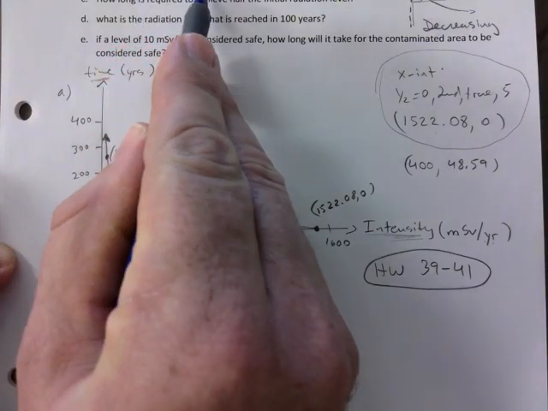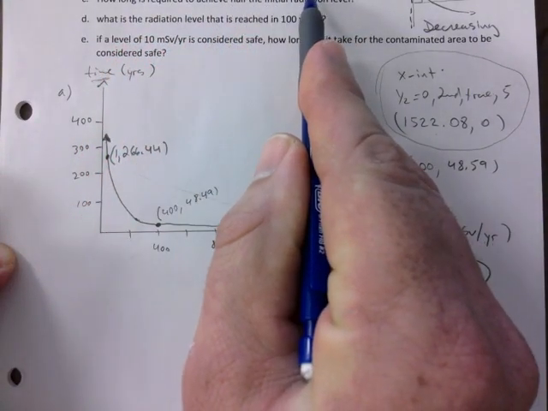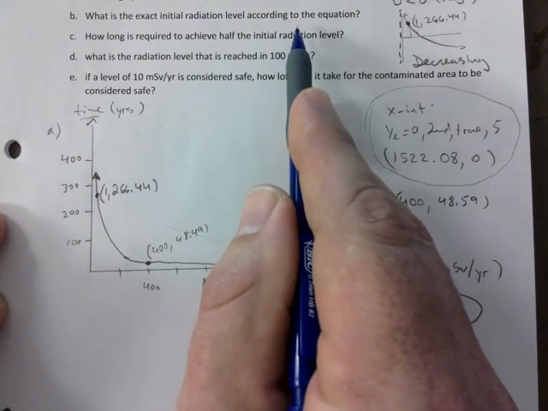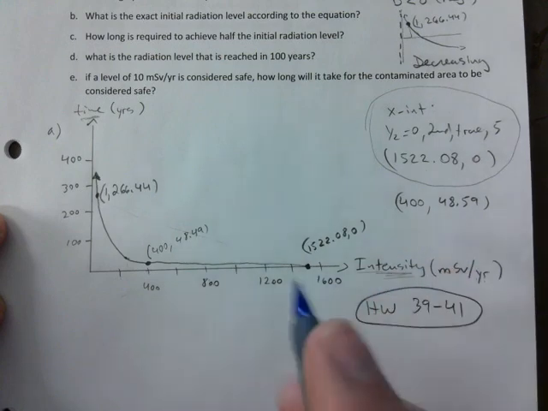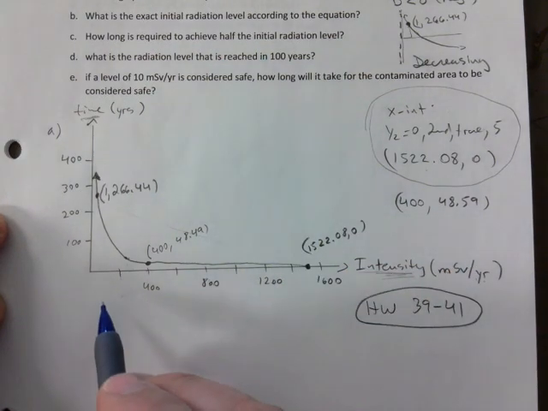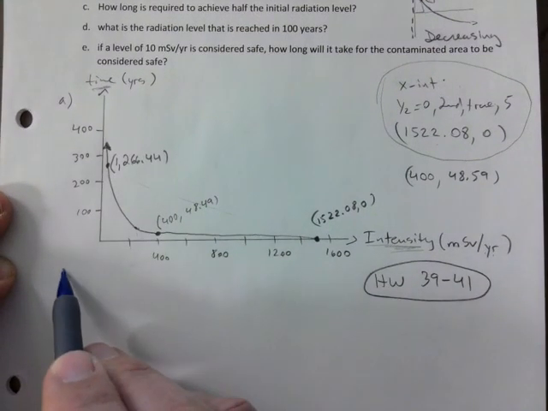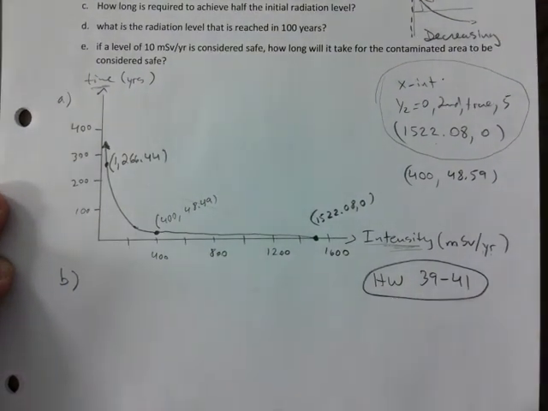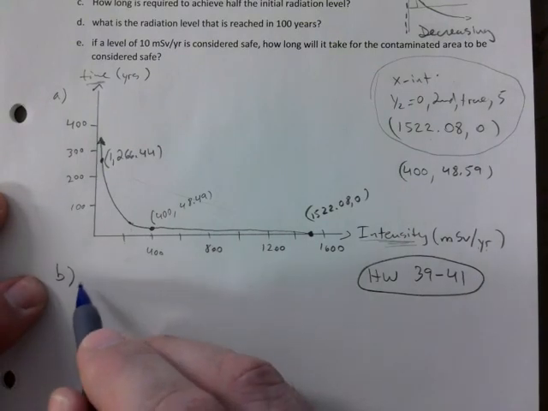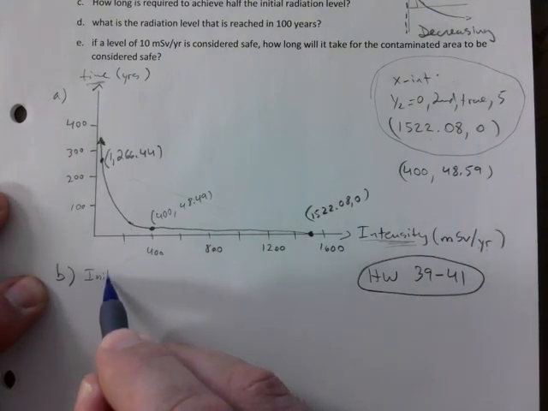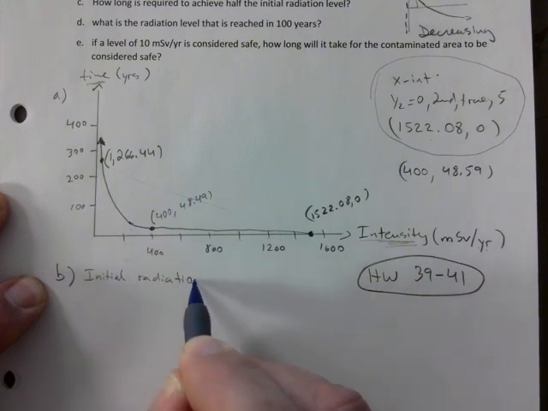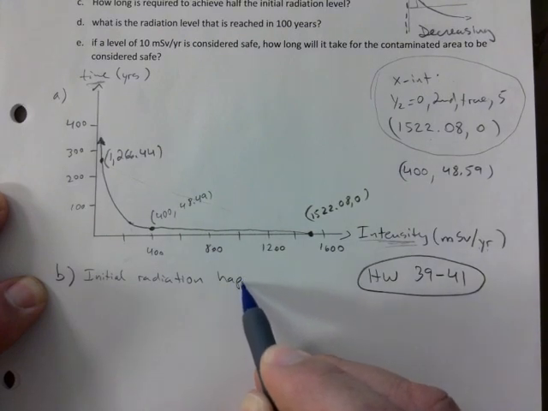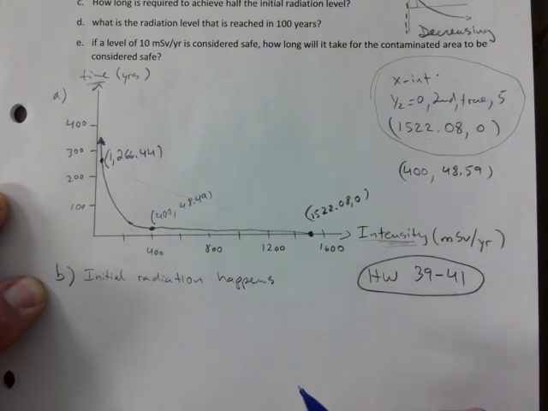What is the exact initial radiation level recorded according to the equation? So we'll say this. Write this down, because this is where, when would you say initial radiation happens?